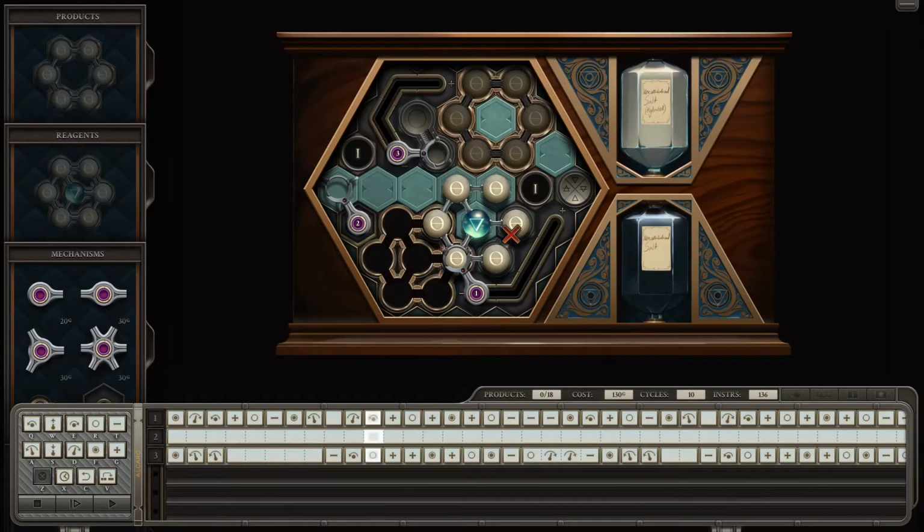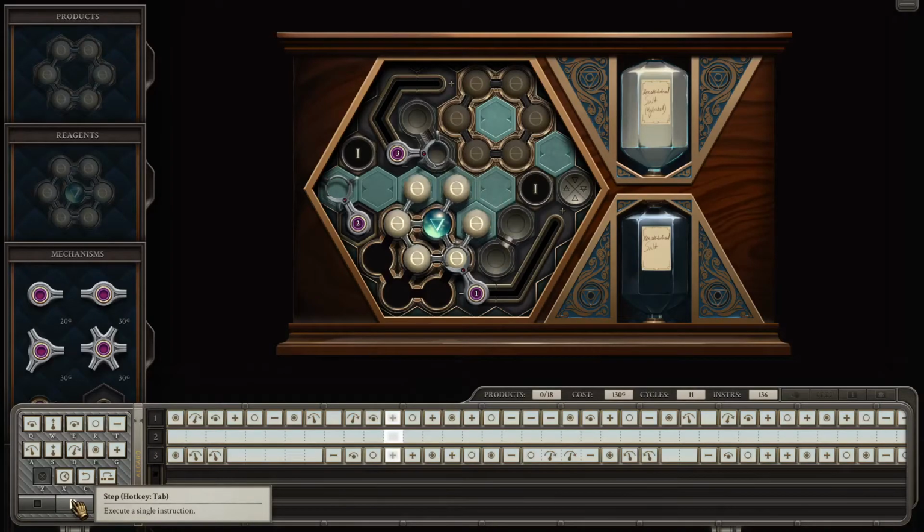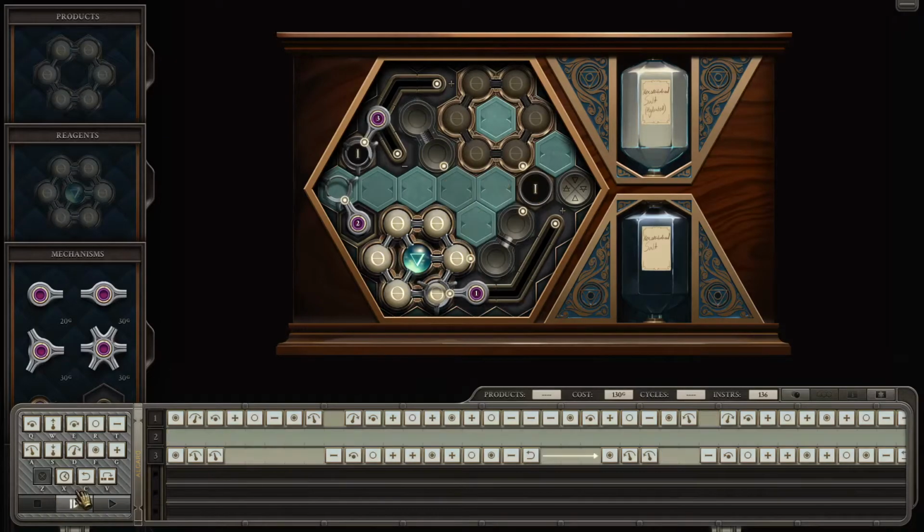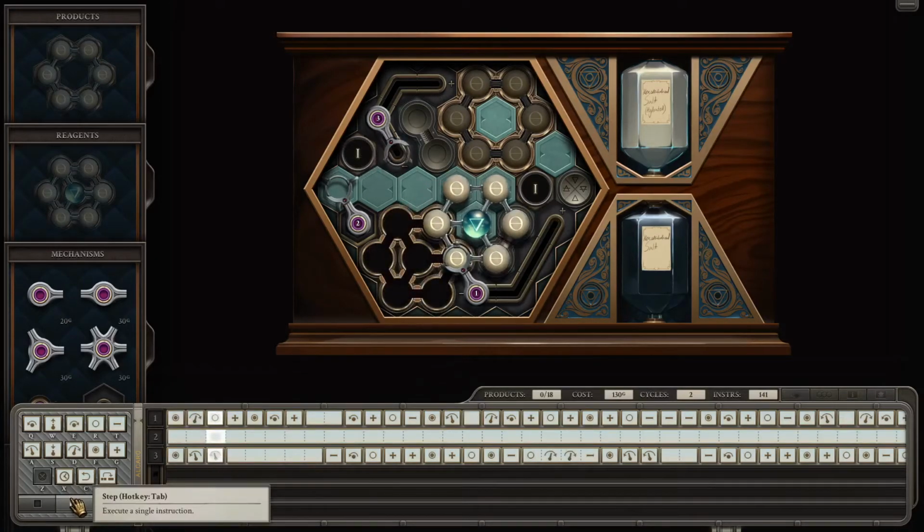Oh, you're just dodging out of the way of that. Oh. Well, eventually you want to unbond that. Okay, so if I redo... Wait, what?